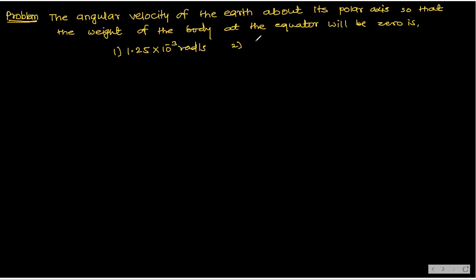Option number 2, 2 radian per second. Option number 3, 1 radian per second. And option number 4, 0.